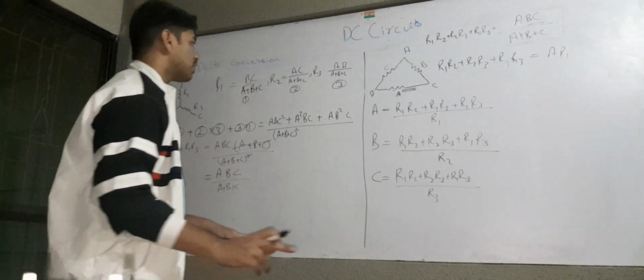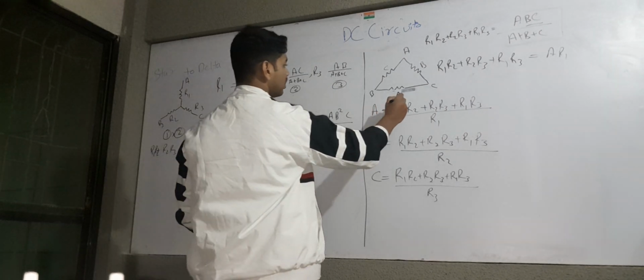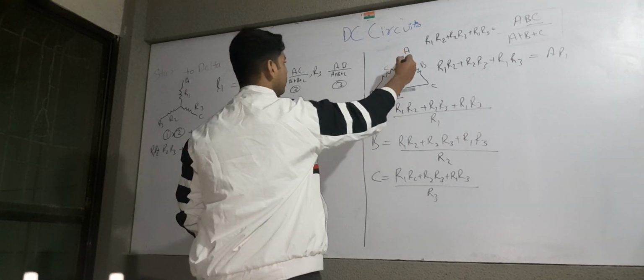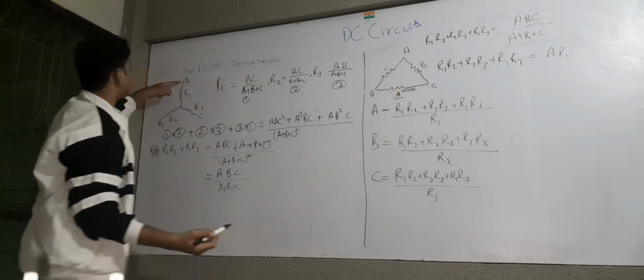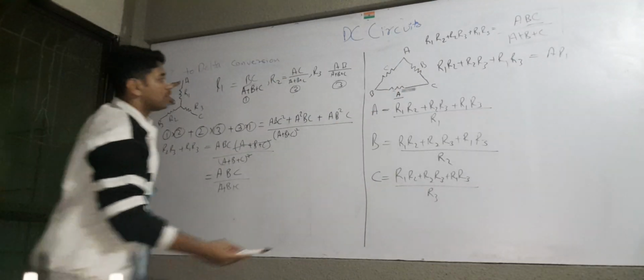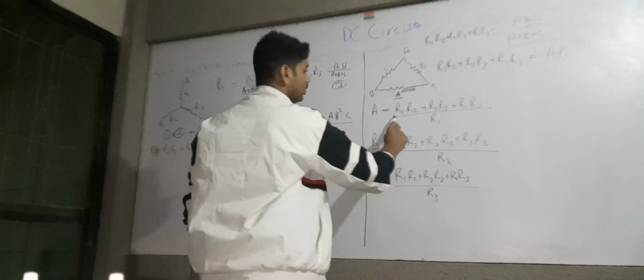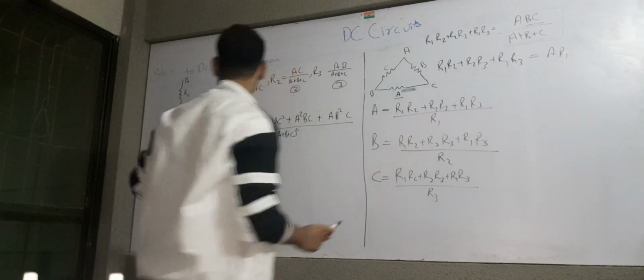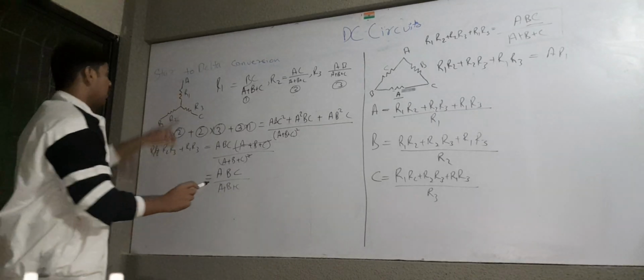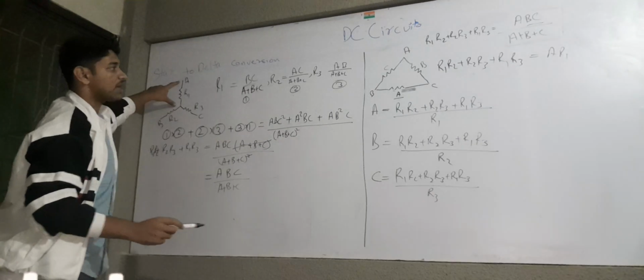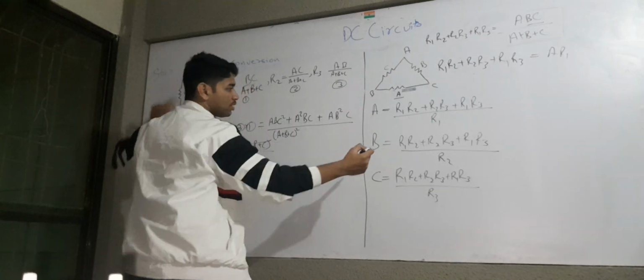Now the trick here is that to get this value, you look at this point, exactly the opposite, and look which branch is connected directly to it. In the numerator is this combination of these, this and this, divided by the branch that is directly connected to the A point.